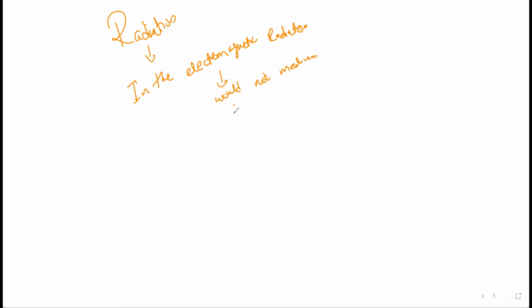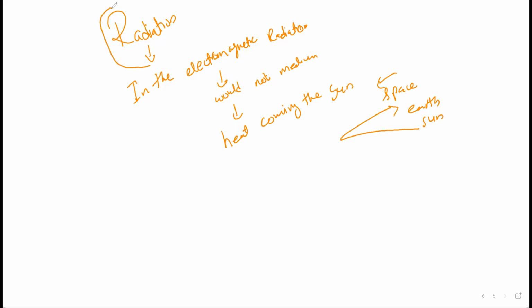The example for radiation is the heat coming from the sun. As there is space in between Earth and the sun, and the heat is coming to Earth, it means that there is some form of transfer of thermal energy which is medium independent.